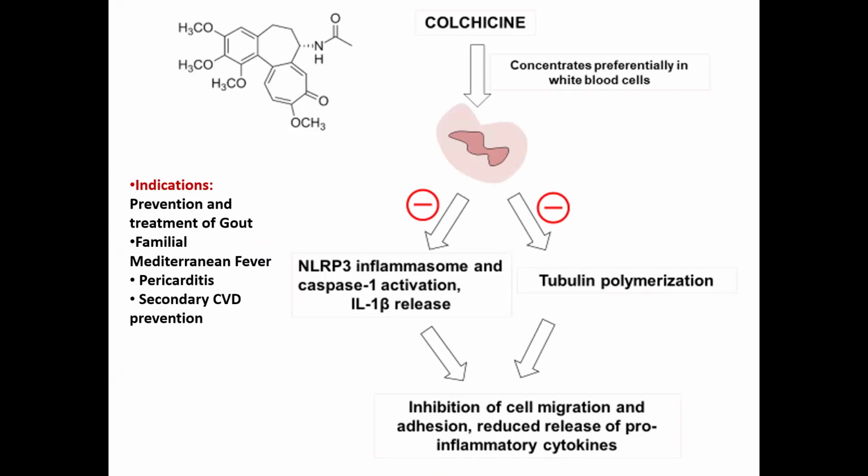It's also been used in familial Mediterranean fever and pericarditis. It's harsh on the GI, causing abdominal cramps and diarrhea. Not a lot of people tolerate it. And it has a drug interaction with statins. Be careful with that. It can cause myopathy if you add it to a statin.